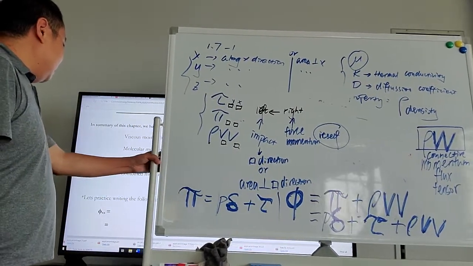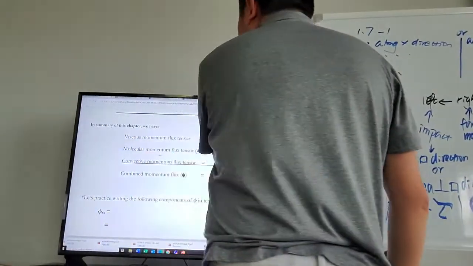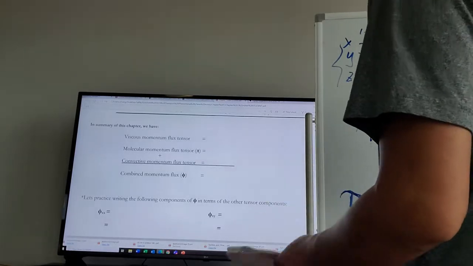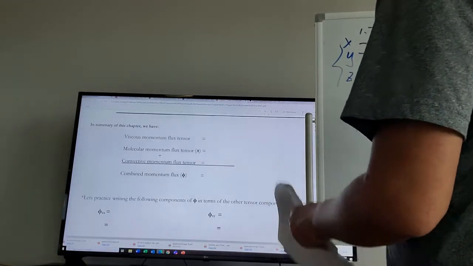Now let's practice writing the components of phi in terms of other tensor components.